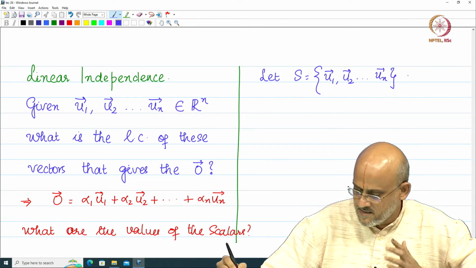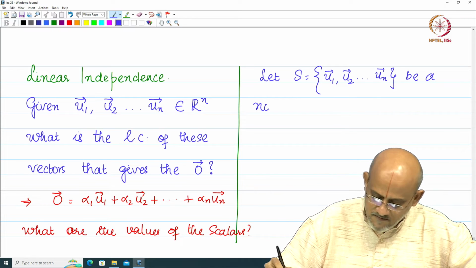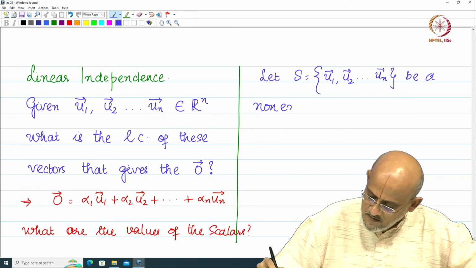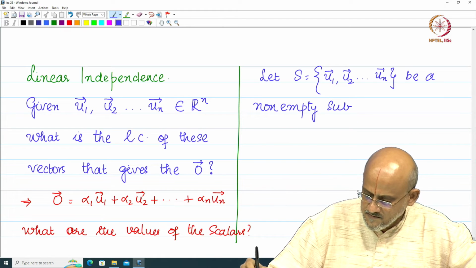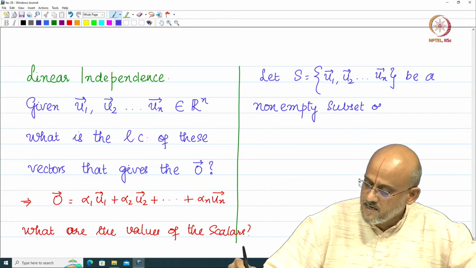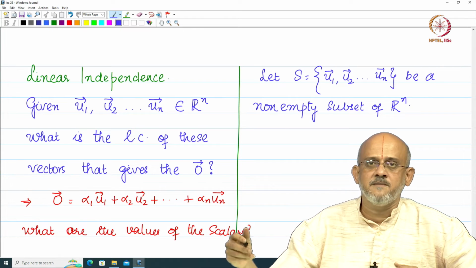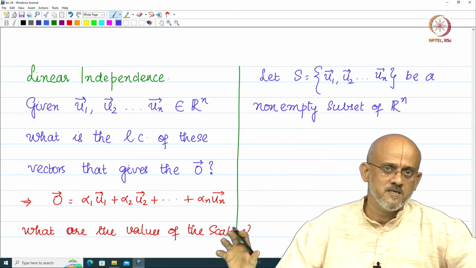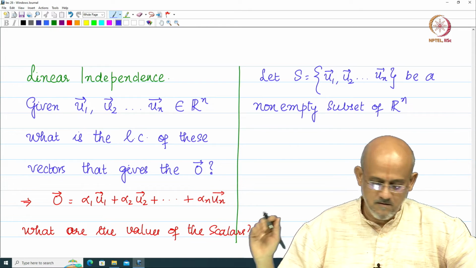We say S is a non-empty subset of Rn. Here it can be a non-empty subset of any vector space. Right now I am choosing the vector space to be Rn.